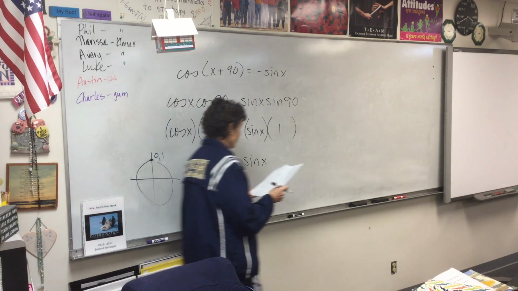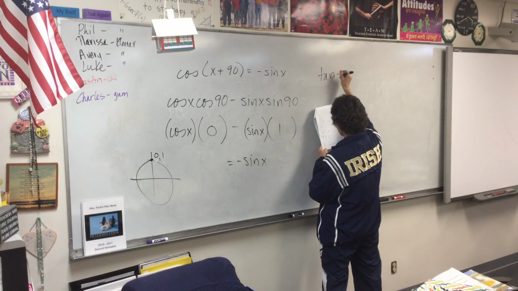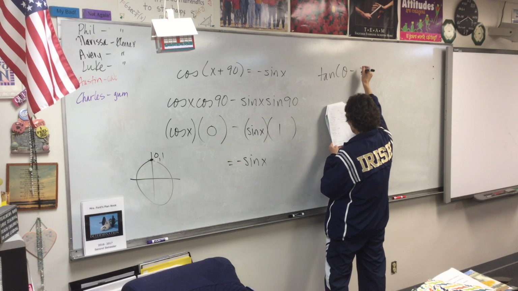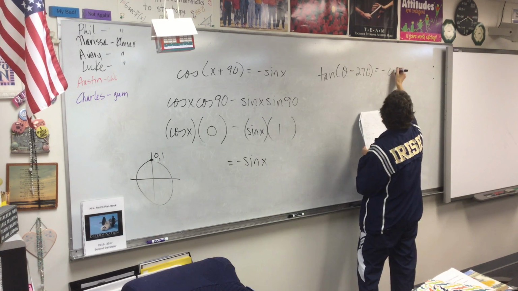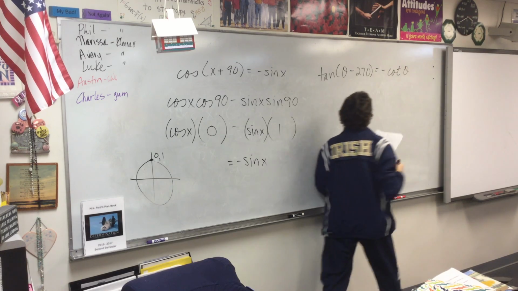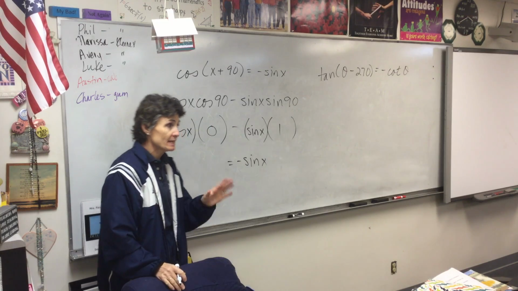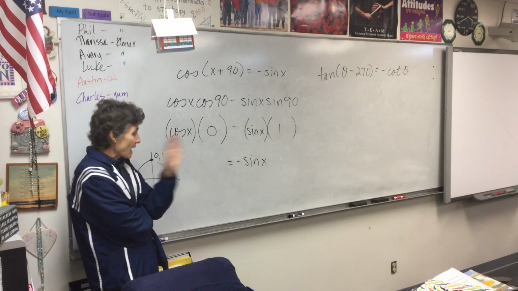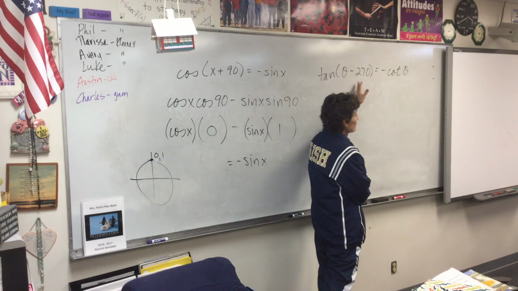Now, number 2, or B, this one is a little bit tricky. 3 pi over 2, 270. Now, your gut feeling is exactly right. You look at this and say, okay, it's the tangent of a difference.